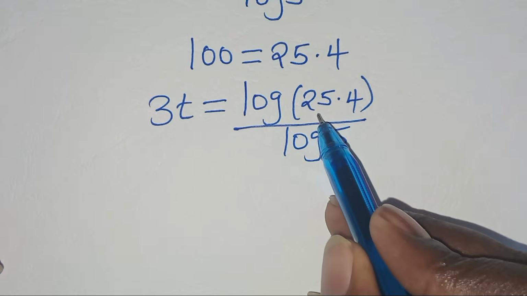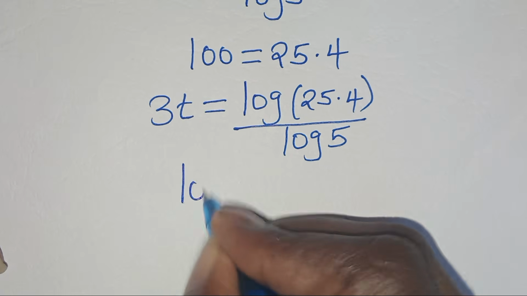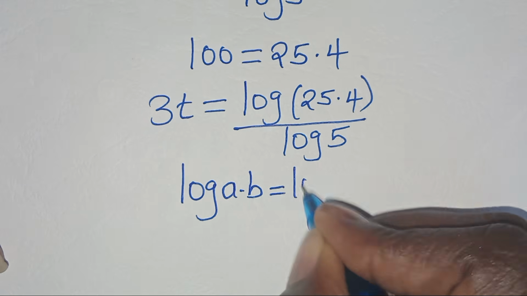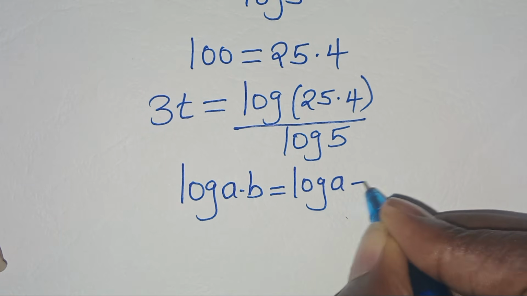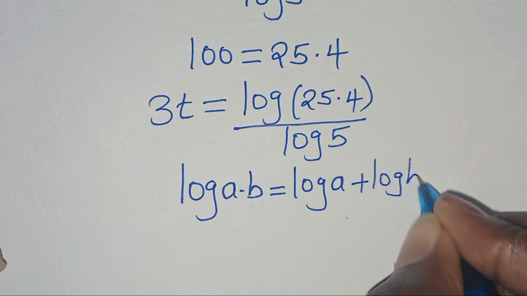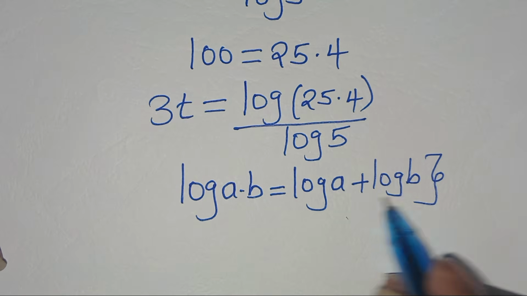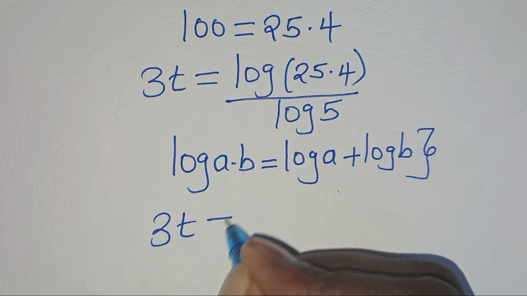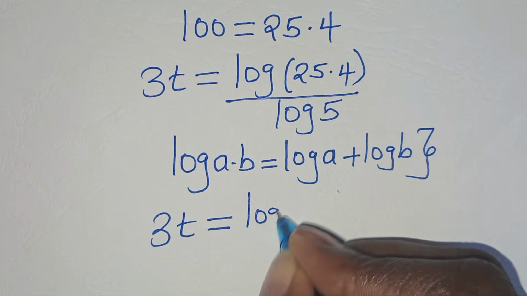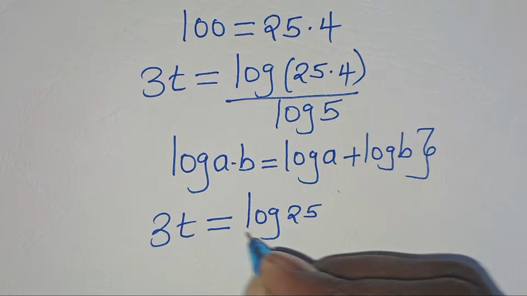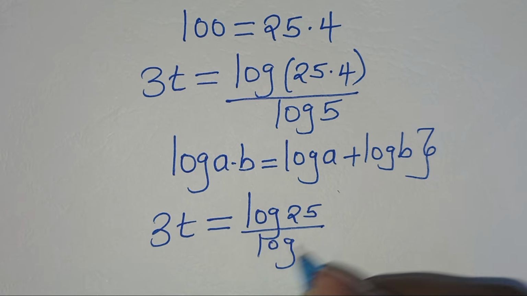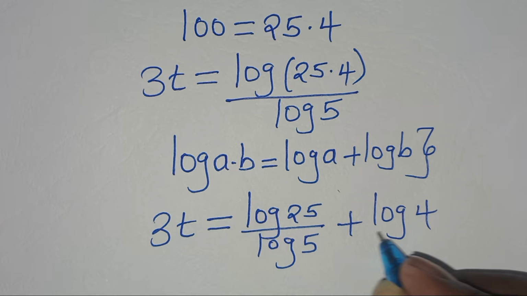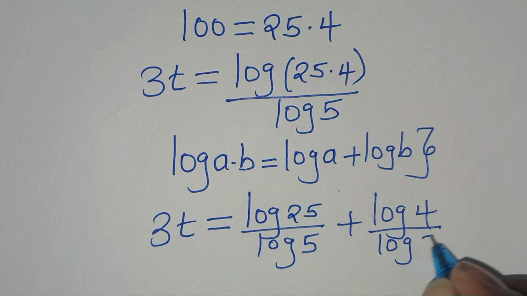Now we have that log 25 times 4. This is in the form of log a times b, which we can express as log a plus log b. Applying this logarithm property, then we have 3t equal to log 25 divided by log 5, then plus log 4 divided by log 5.